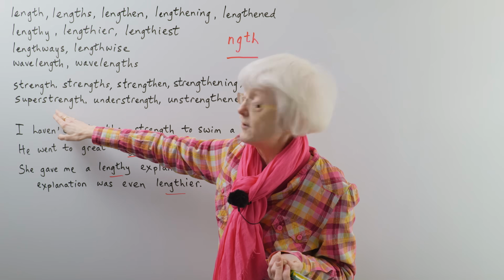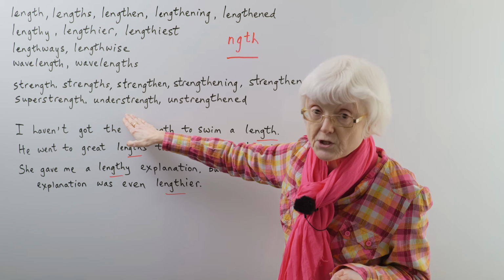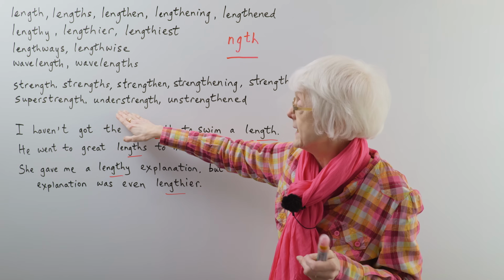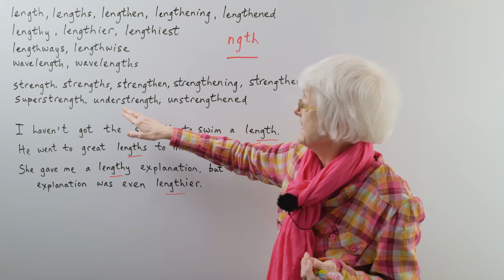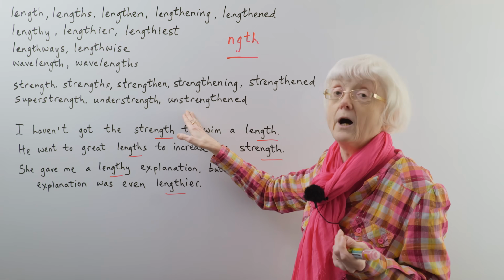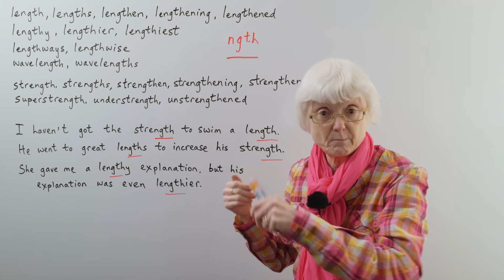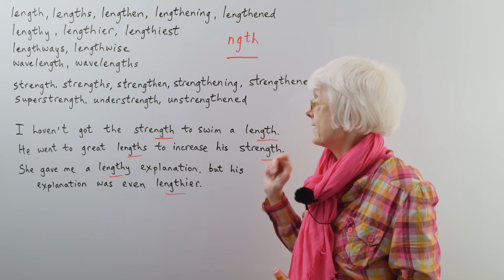And then we have super strength, under strength, meaning not strong enough, probably. Super strength would be very strong. Under strength is not strong enough. And then unstrengthened is something that has not been made stronger. Unstrengthened. Okay.